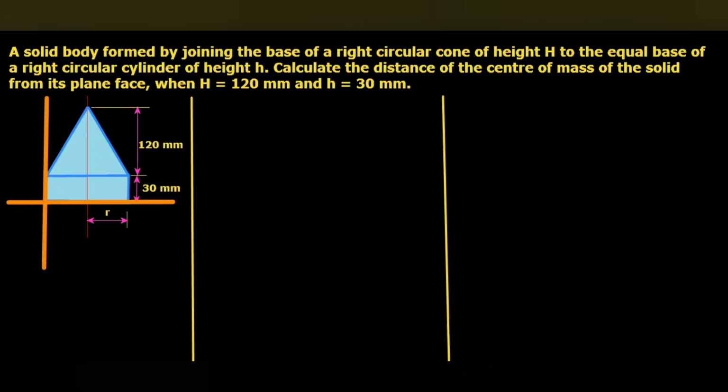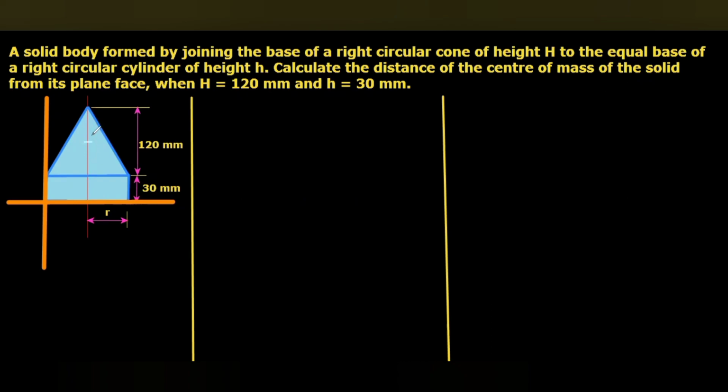So here you can see, from the leftmost line, it is symmetric about the vertical axis. So we can say the center of gravity of this solid, joining the right circular cylinder and the right circular cone, will be along this vertical line only.